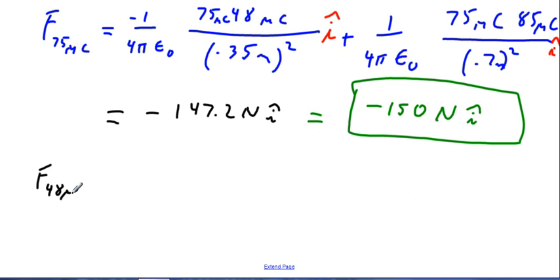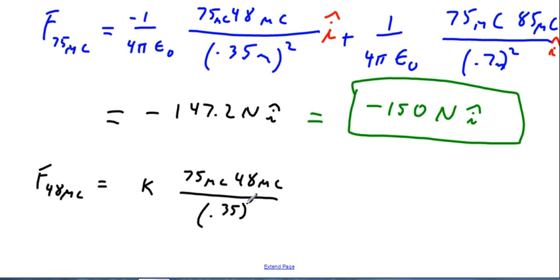So force on the 48 microcoulomb charge is going to be K, 75 microcoulombs, 48 microcoulombs, over 0.35 squared i hat, and these are going to be repelling, so that's going to be negative, and then we're going to go with K. Now K and 1 over 4 pi epsilon naught are the same thing, so perfectly okay to do. 48 microcoulombs, 85 microcoulombs.